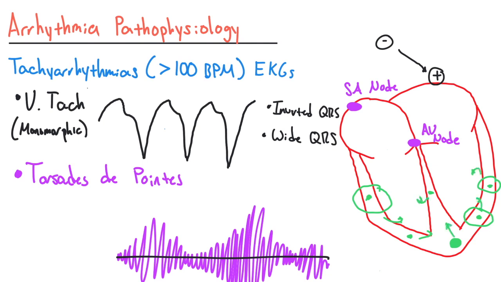And this is going to produce this very chaotic and noteworthy EKG here. This is something that's very easy to pick out, this seemingly twisted ribbon around the center line on the baseline of the EKG. So we don't need to go into individually what each of these parts of the EKG is, but I want you to recognize that this is what torsades can look like on an EKG.